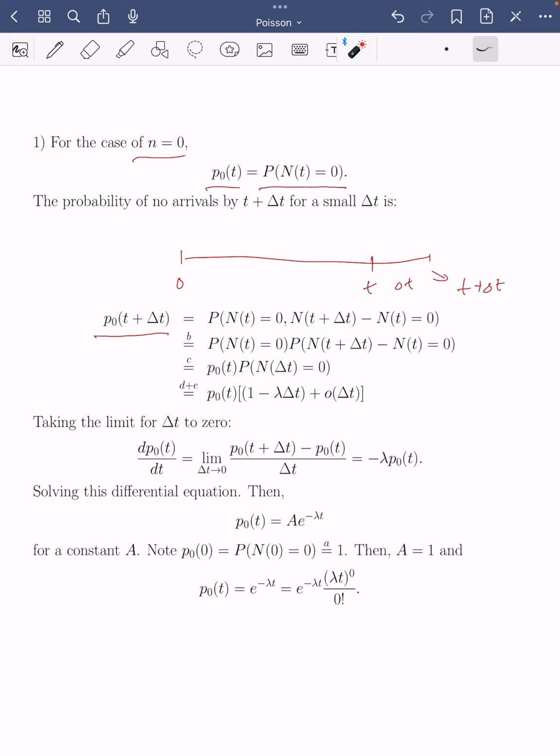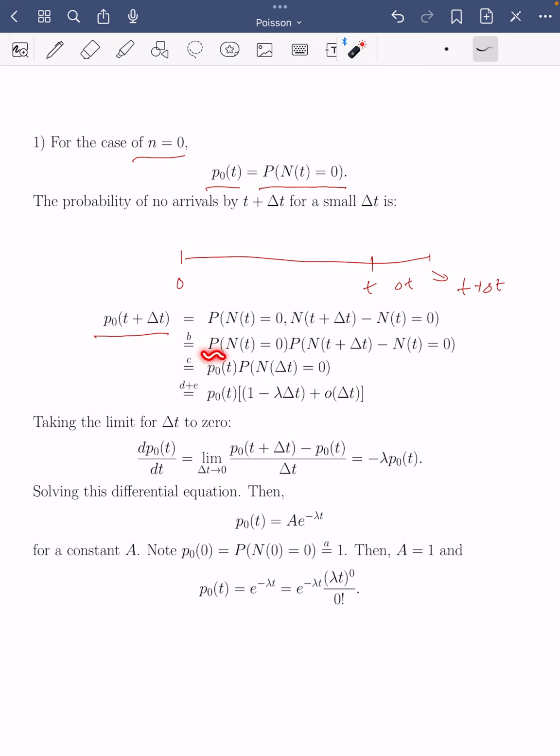And because these two intervals, from 0 to t and from t to t plus delta t, don't overlap, by the second property, the independent increments, this probability is written as the probability that N(t) equals 0 times the probability that N(t plus delta t) minus N(t) equals 0.